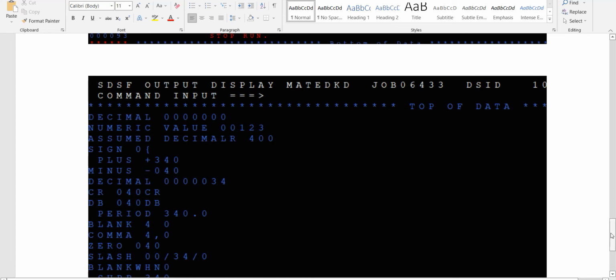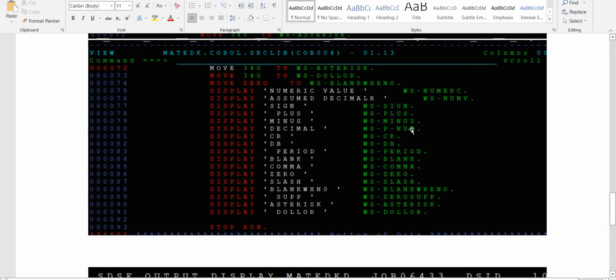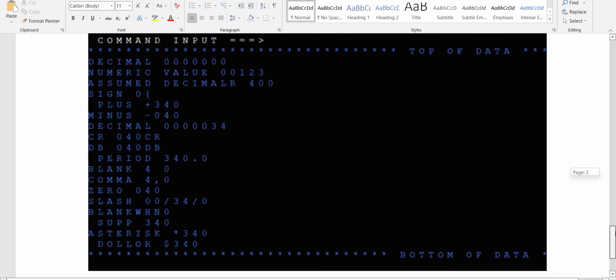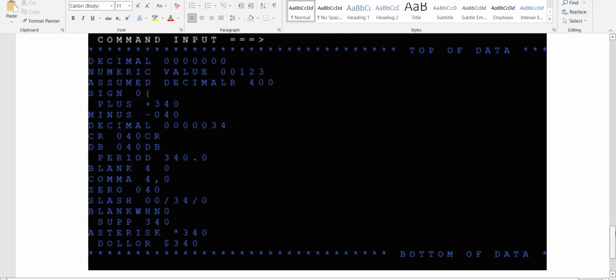And decimal, what is the decimal here? Decimal pnum, that is scaling decimal one, right? What is the pnum? We have 347.93. Okay, but what it displays is a decimal 0034. That 3 is removed. Okay, 343 is there, that is scaled to 34.